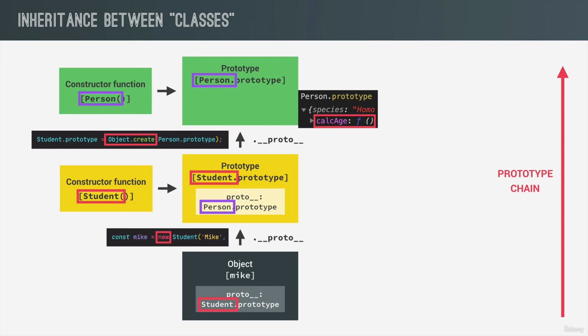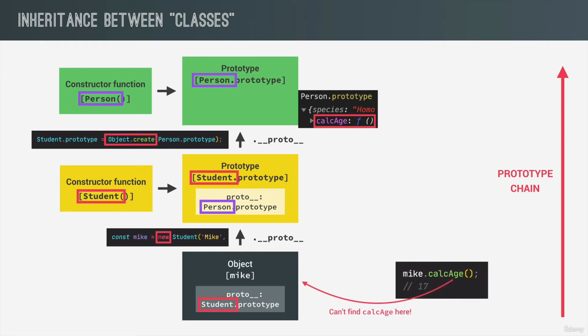So when we do Mike.calcAge, we are effectively doing a property or a method lookup. So that is JavaScript trying to find the requested property or method. Now in this case, as we know, the calcAge method is of course not directly on the Mike object. It's also not in Mike's prototype.